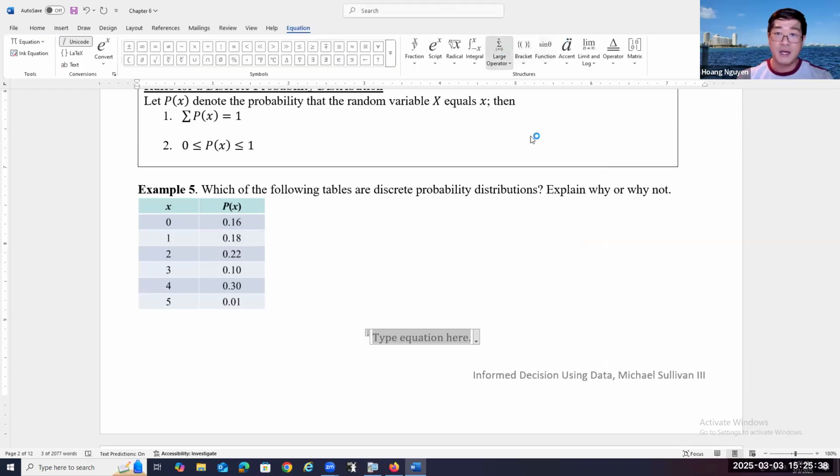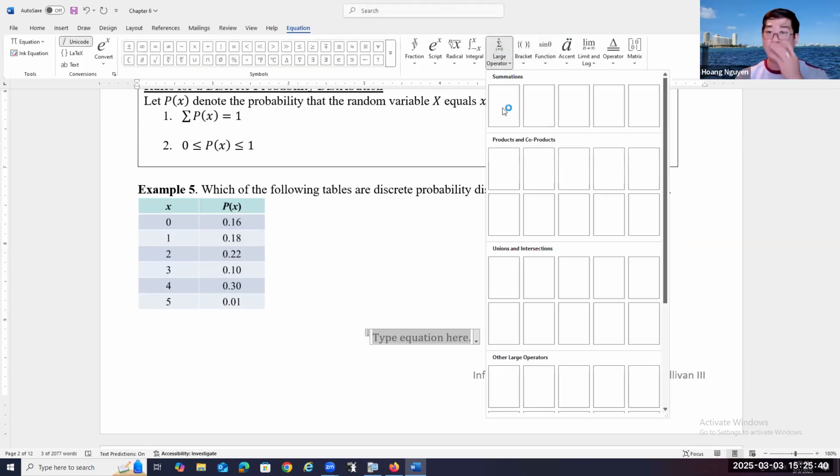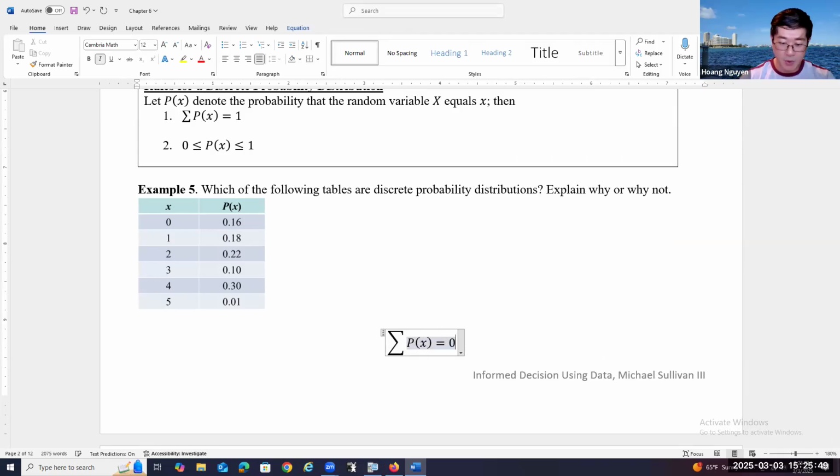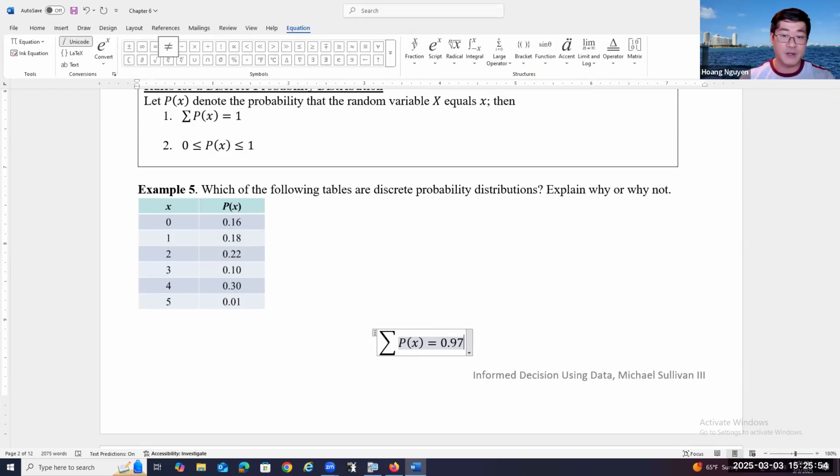So let me show that. The summation for all of the p(x) is equal to 0.97, not equal to 1. So it's failed.